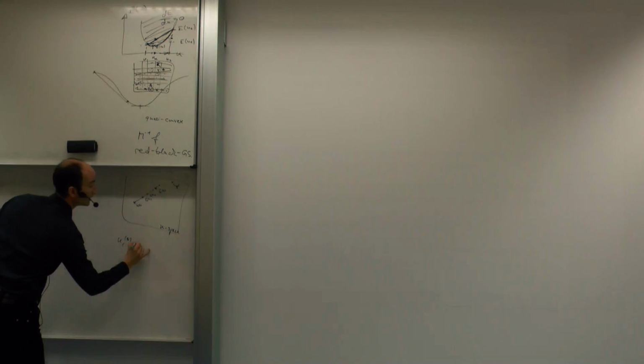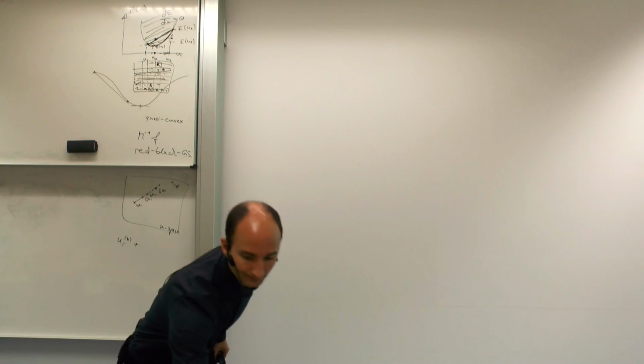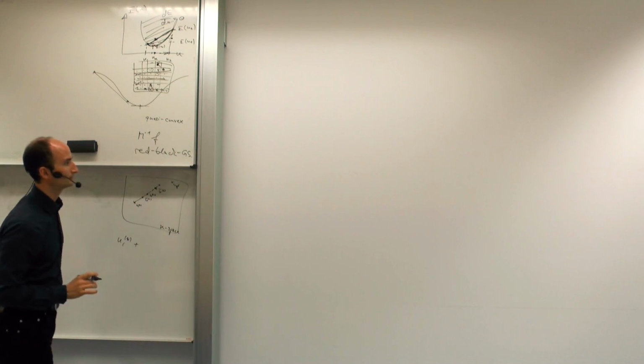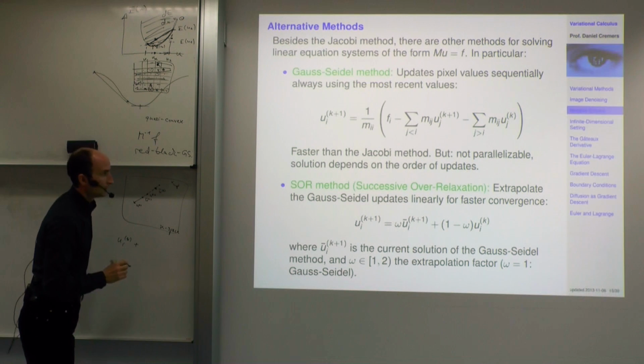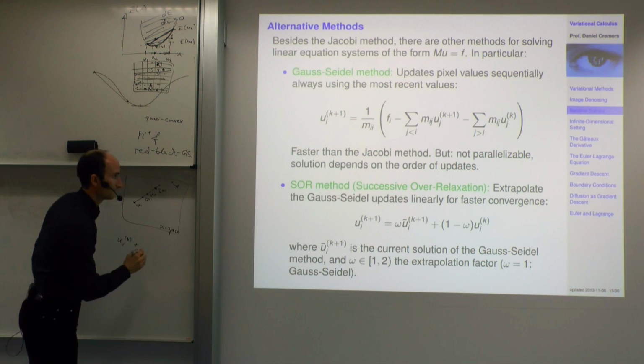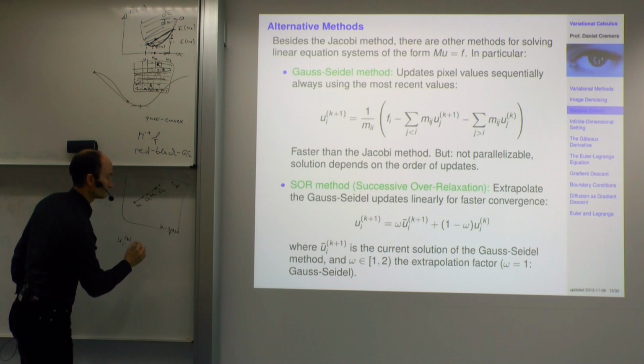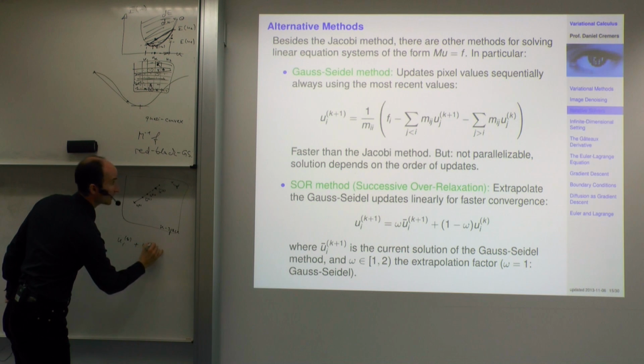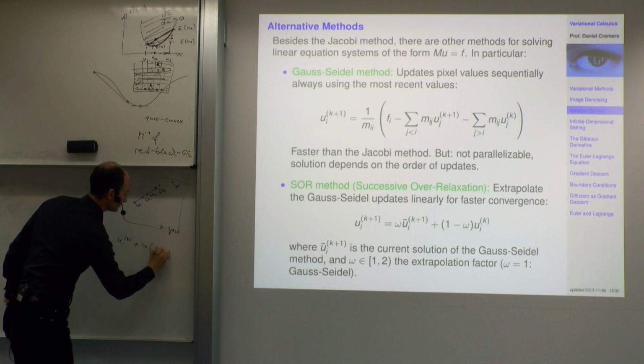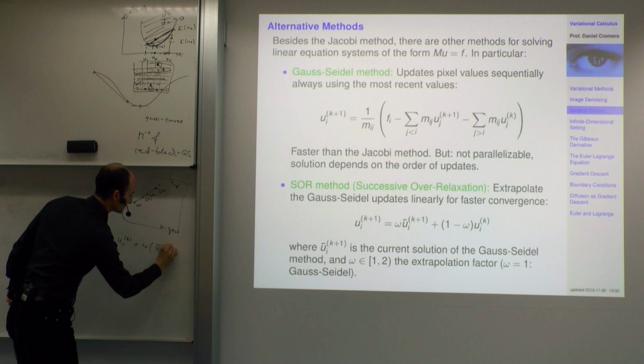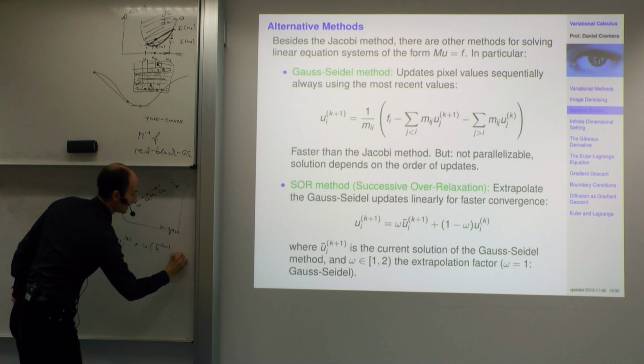U_i^(k+1) equals U_i^k plus omega times (U_i bar^(k+1) minus U_i^k).